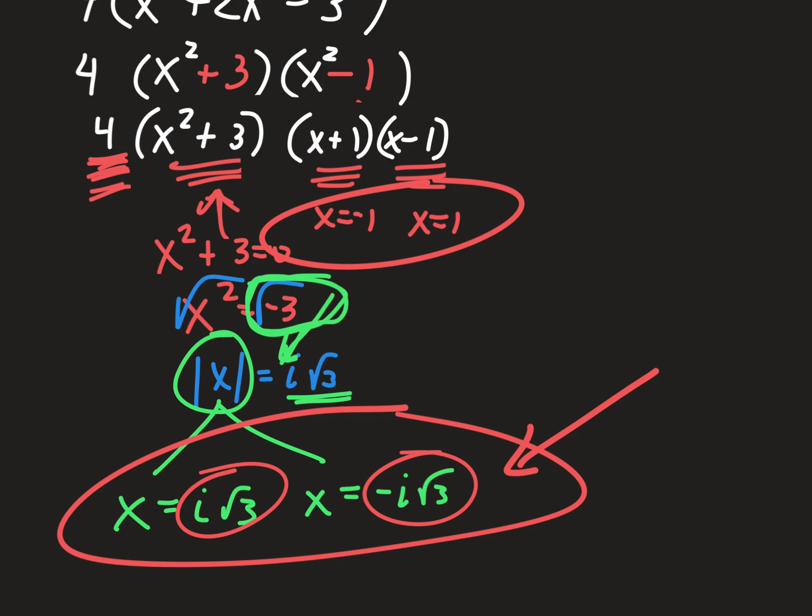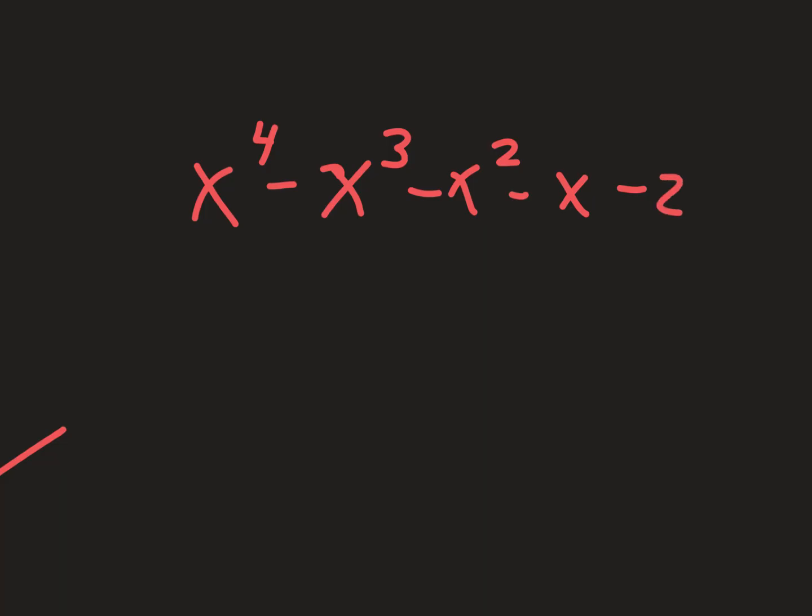Okay. Now, one thing we should probably do is practice a, let's see, what do you call those? A long, nope, not long division. It's called synthetic. There we go. Thank you. Synthetic division. So this is like the hardest kind there is. X to the fourth minus x to the third minus x squared minus x minus 2. It's not hard because of all the minuses at all.